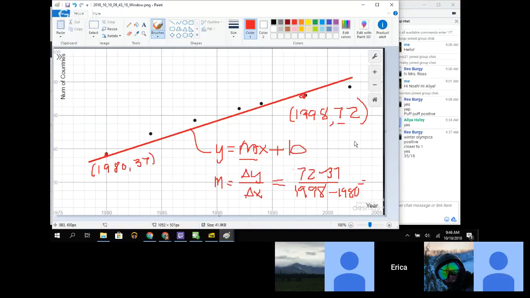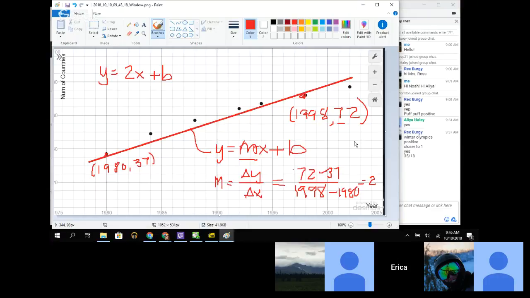I get a slope of about 1.94, so about 2 for my best fit line. If I really wanted to be approximate, I'll just go with 2. Y equals 2x plus b. Thanks, Otto. 35 over 18, right?